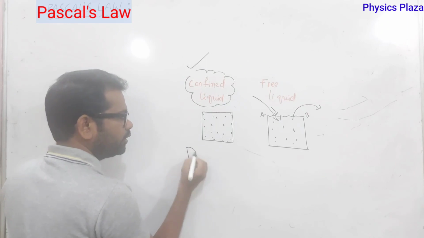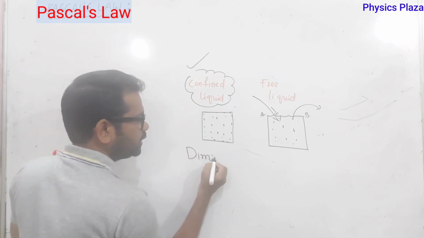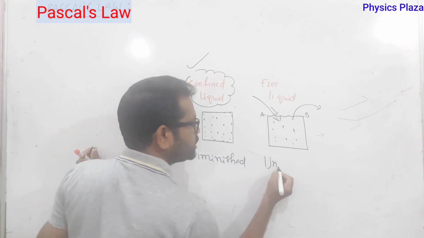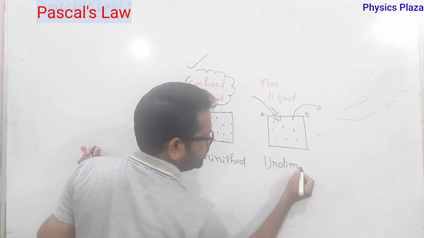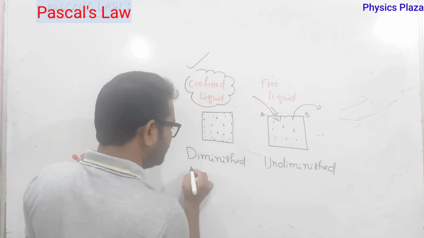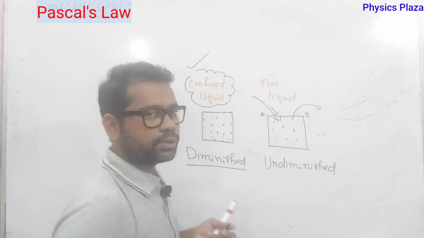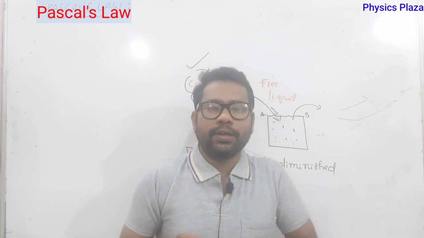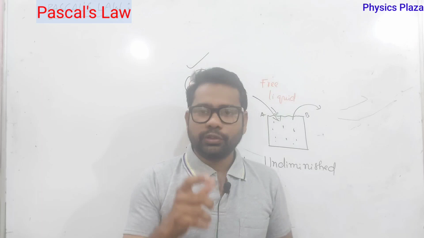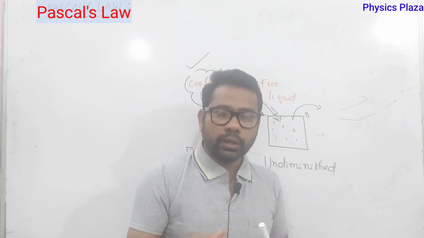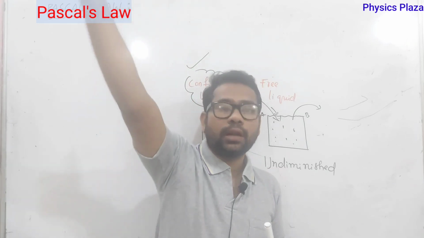Next point, you need to understand the difference between diminished and undiminished. These two points also you need to understand. Children, diminished means what? Suppose in a hall you are giving a speech. Are you sure that with whatever loudness you speak, the person sitting in the front row can hear the same as the person sitting in the last row?